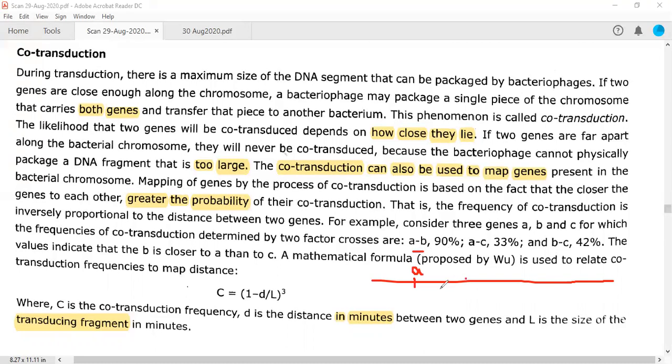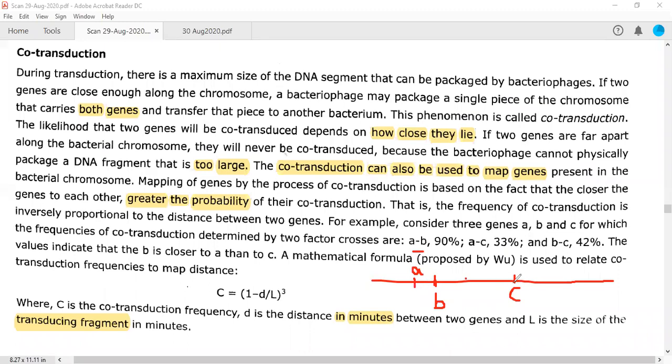So suppose A and B have 90% frequency. It shows that they are closely present with each other. And then there is some gene C. BC is 42%, meaning the distance between B and C is less, and AC is 33%, showing that they are present far apart.